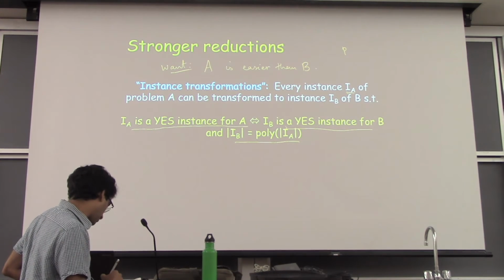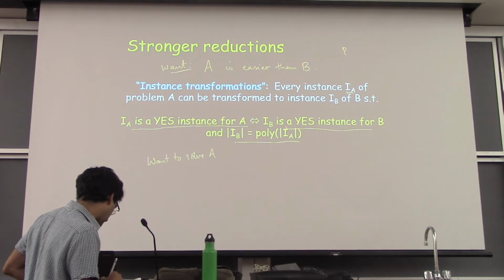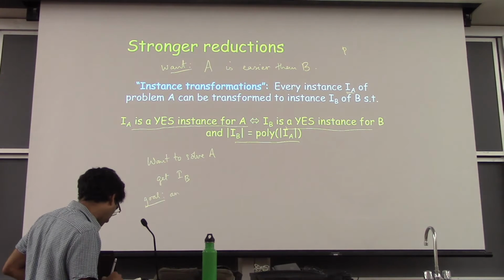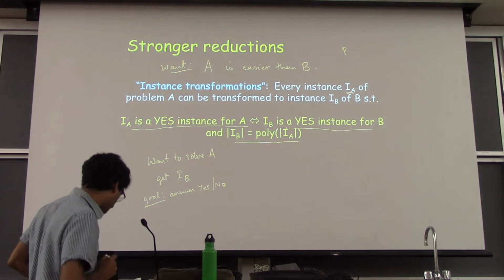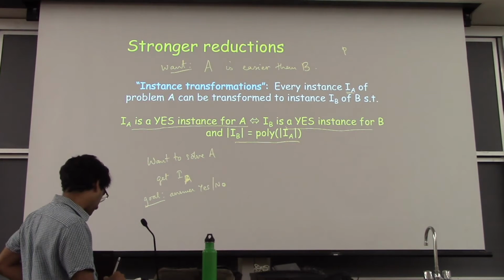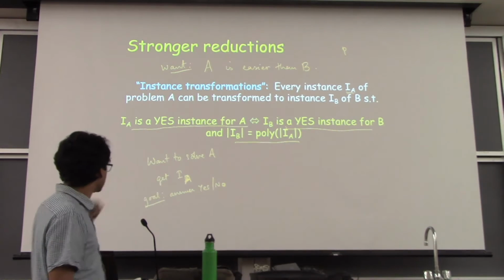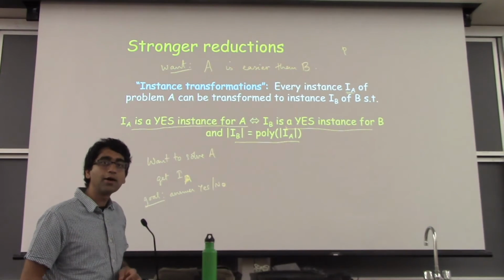So let's say you want to build a machine that solves A. Okay, so I get IA, and the goal is to decide yes or no. So I want to solve problem A, so I get some instance for A. So now what will I do?